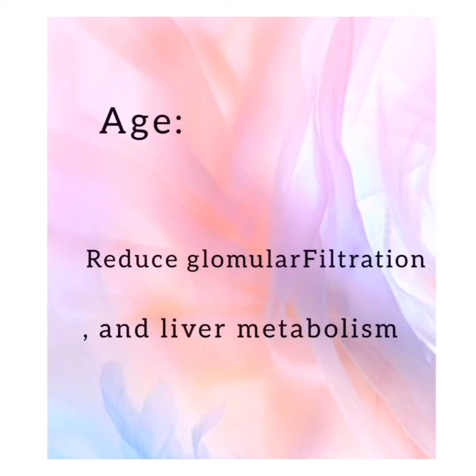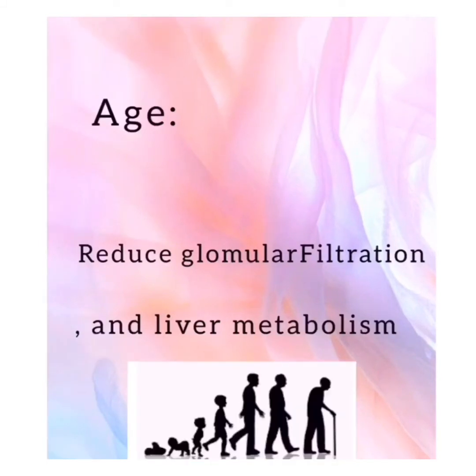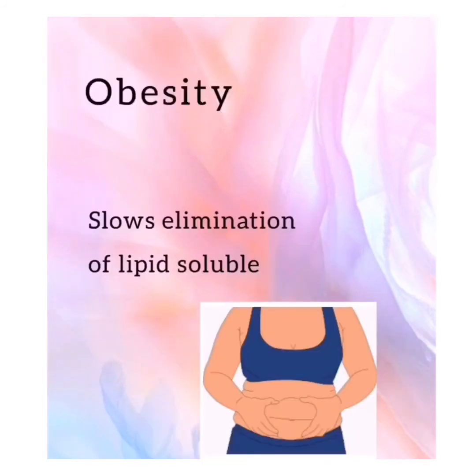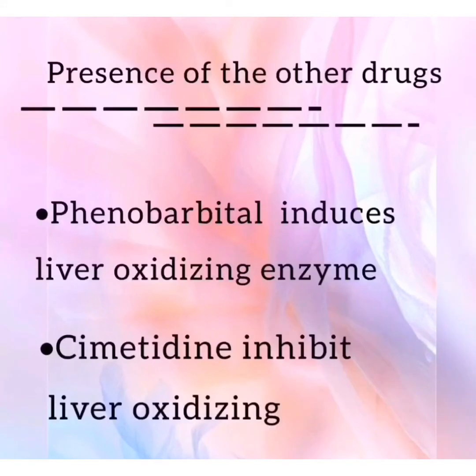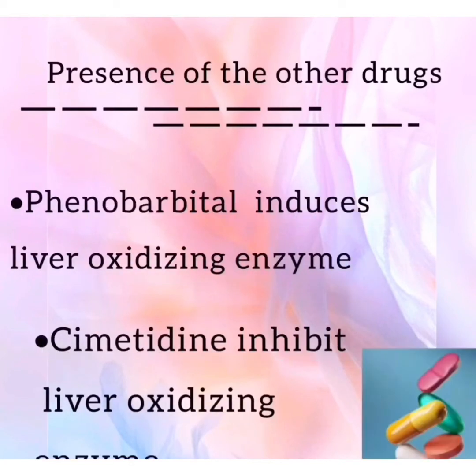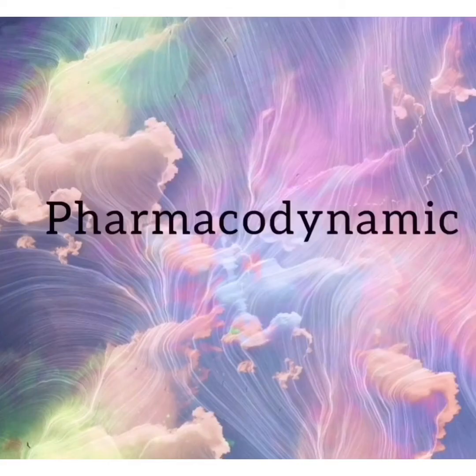Age reduce glomerular filtration and liver metabolism. Obesity slows elimination of lipid soluble. Presence of drug means other drugs, like phenobarbital induce liver oxidizing enzyme and cimetidine inhibit liver oxidizing enzyme.